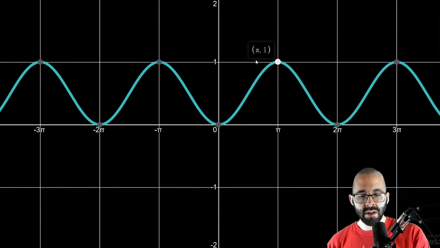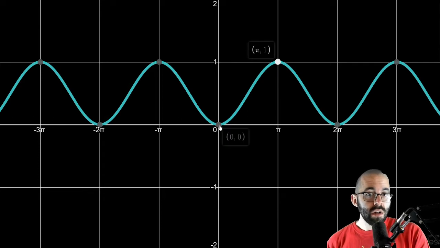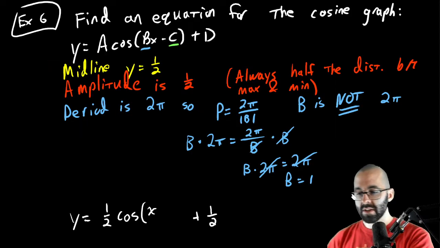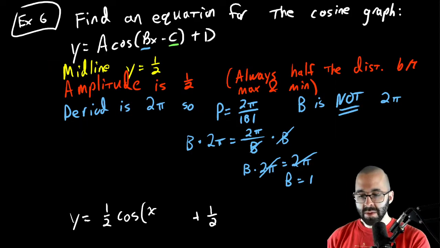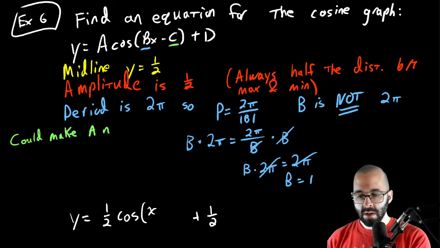This point up here should have been right here. We shifted it pi units to the right. You could say a phase shift of pi. Or you could say we got a reflection. So you have 2 options here, right? We're starting at the bottom, so we could just make a negative, because we're starting at the bottom.